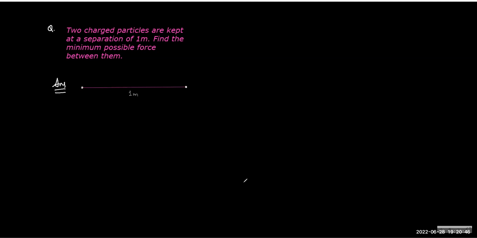Very good. So the answer is K e squared. The minimum charge possible on a charged body is e. So we cannot have charge less than this. And with minimum charge, we can have the minimum force. The answer is K e squared. Excellent.